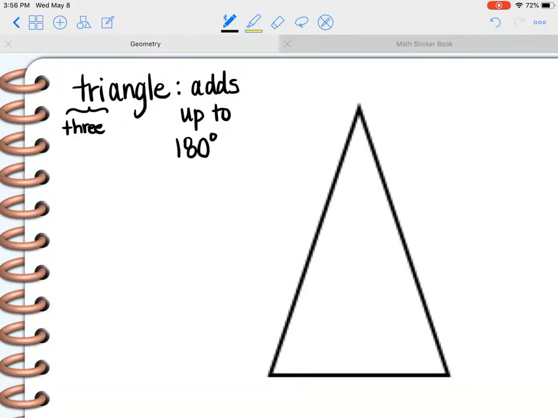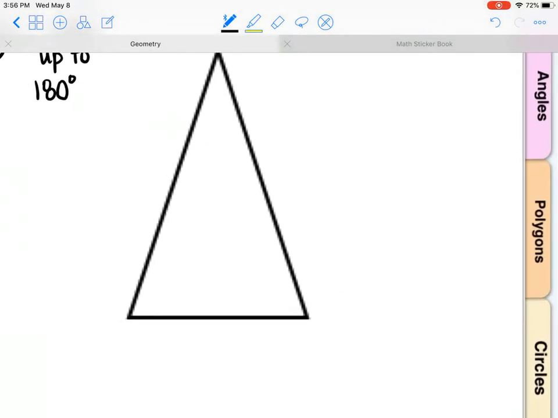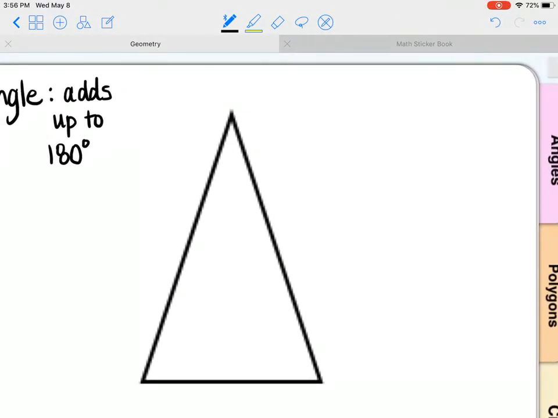There are different kinds of triangles, and I'm not going to go into all of those, but I do want to tell you about two of them. And the first one you're looking at here, this is called an isosceles triangle. A lot of geometry terms are Greek. They come from the Greek language, so the spellings can be a little bit funny.